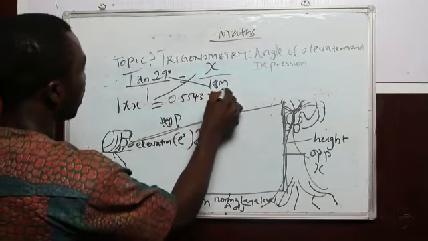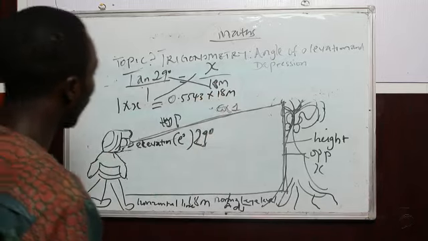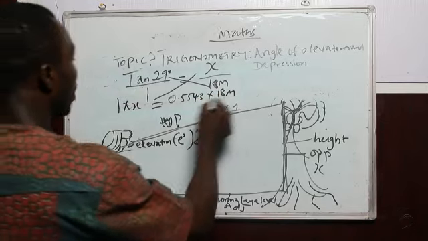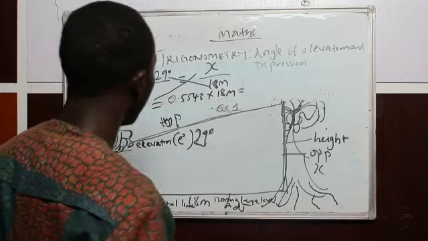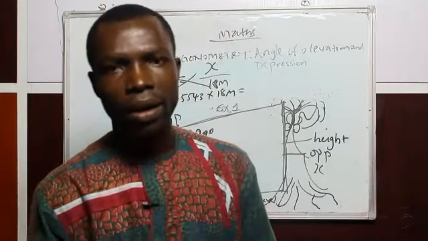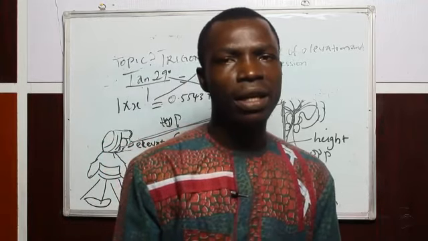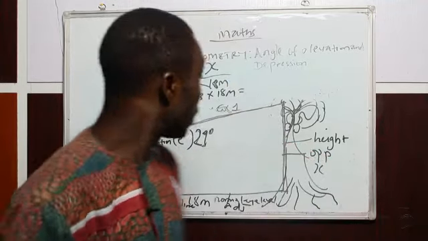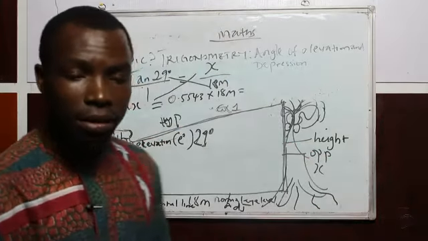Therefore, 0.5543 times 18 meters, which is equal to, press your calculator. What is the answer?